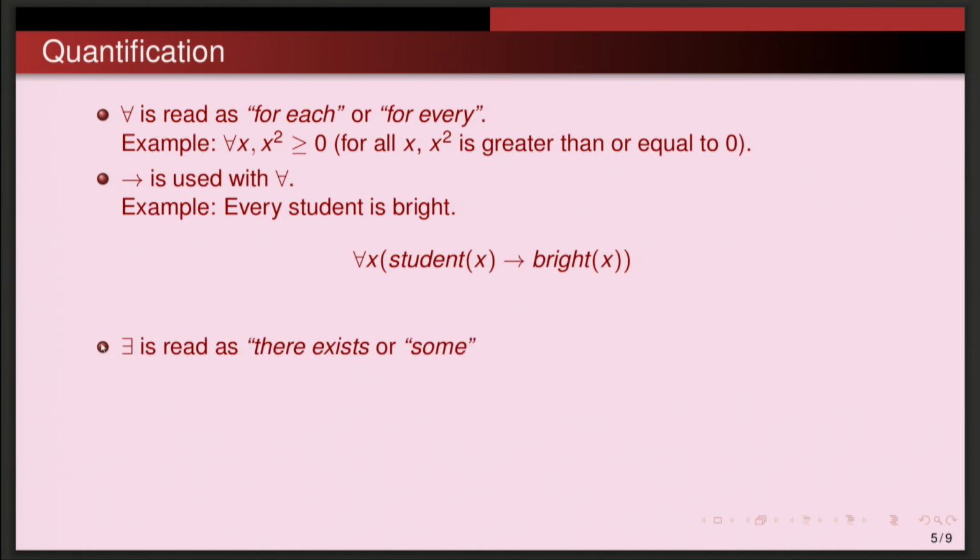On the other hand, there exists symbol, an inverted E, is read as there exists or some. Like we said, for all has to be used only with the implication symbol. Similarly, for there exists, we will be only using and.